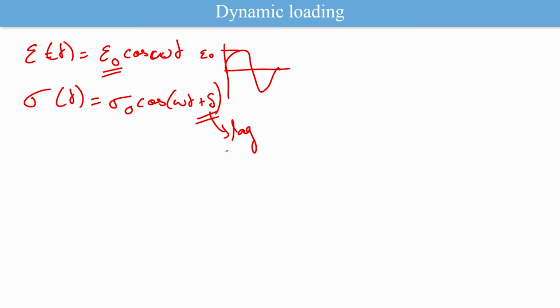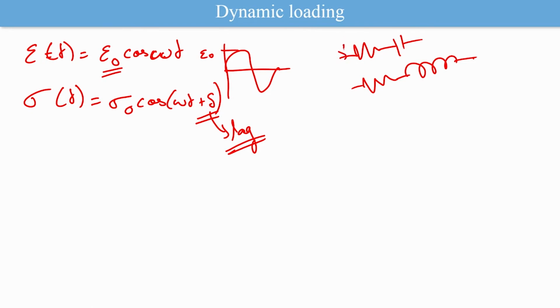It is very much similar to electrical circuits, when we have a resistor and a capacitor, or a resistor and an inductor.